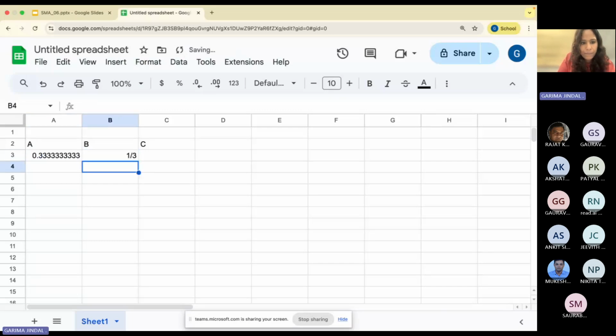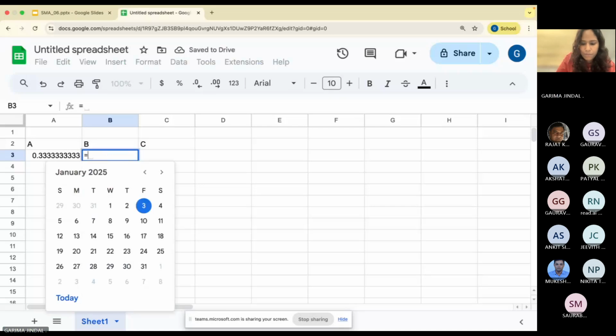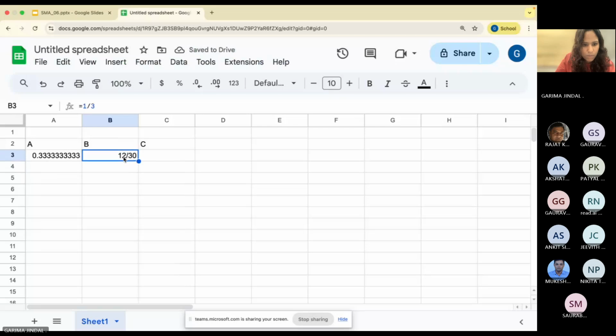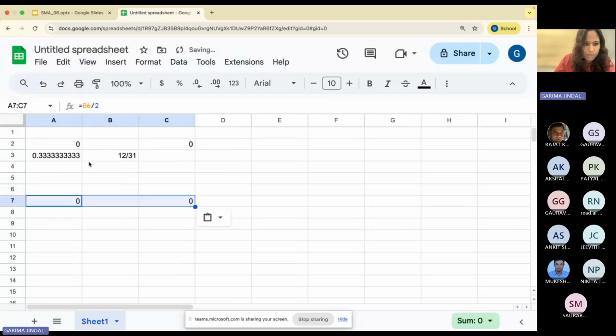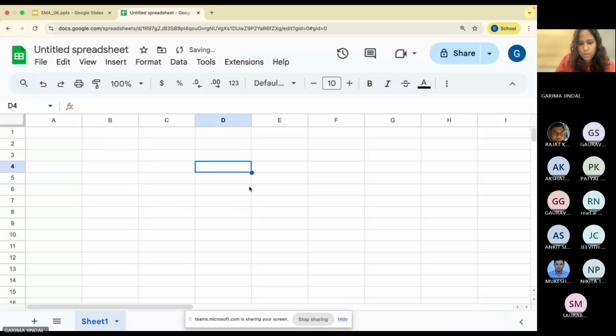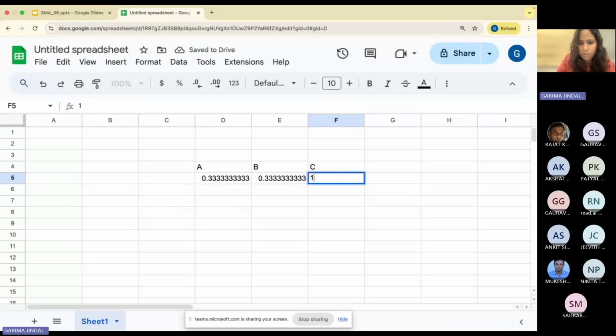B had the value 1 by 3. And C had the value 1 by 3.